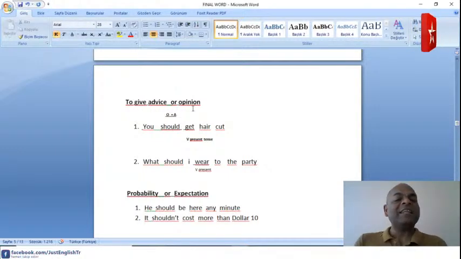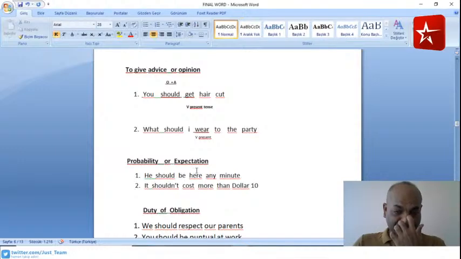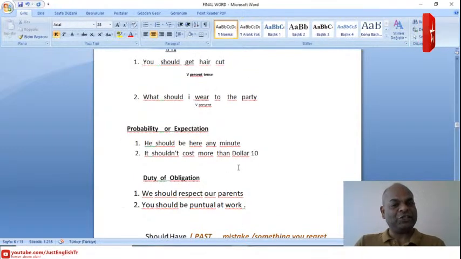Today we're going to talk about should. It talks about giving advice to someone or an opinion. It can be a probability or an expectation, and it can be a duty or obligation. These all come under should.